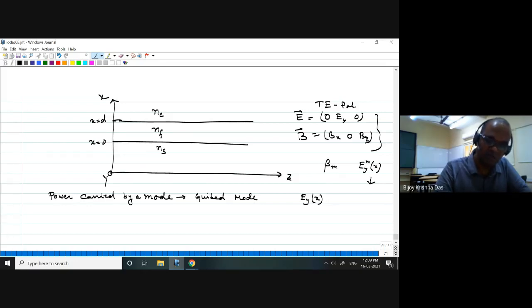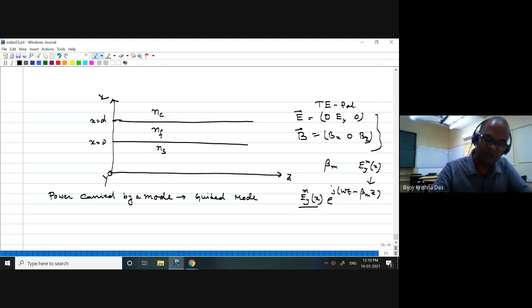The maximum will be in the core region, and in both cladding regions it will decay exponentially. For the mth mode, the phase part is e to the power j(omega t minus beta m z), where beta m is the propagation constant for the mth mode.